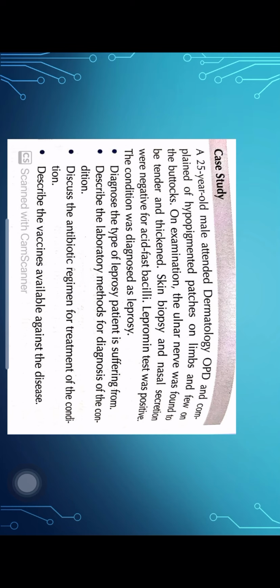So the multibacillary leprosy has a treatment regime for 1 year in which rifampicin 600 mg once a month, dapsone 100 mg daily and clofazimine 300 mg once a month and 50 mg daily are given.